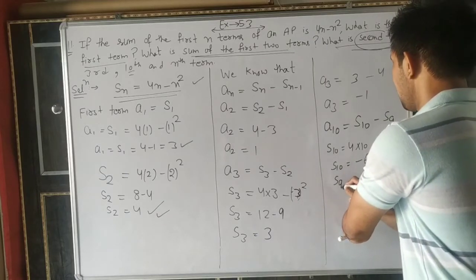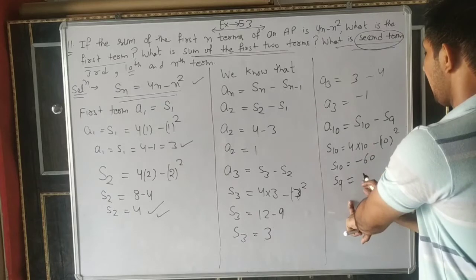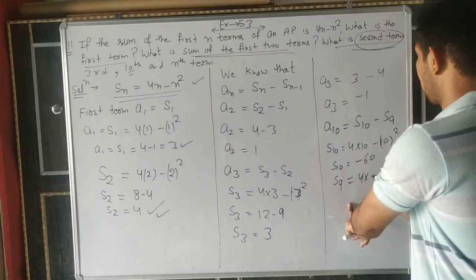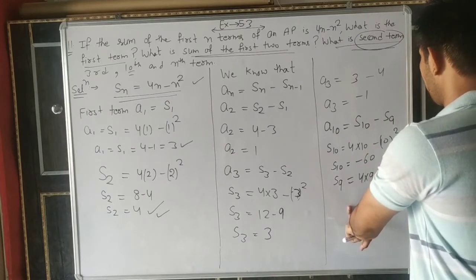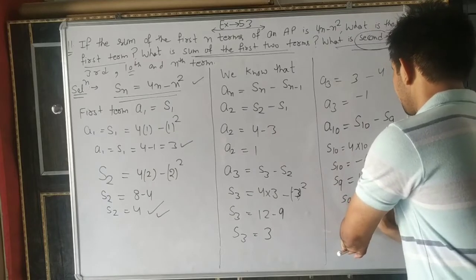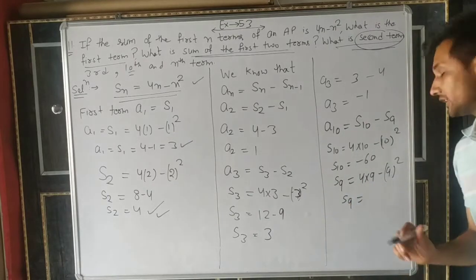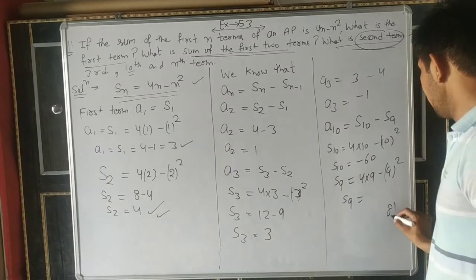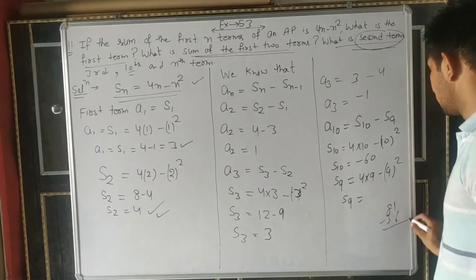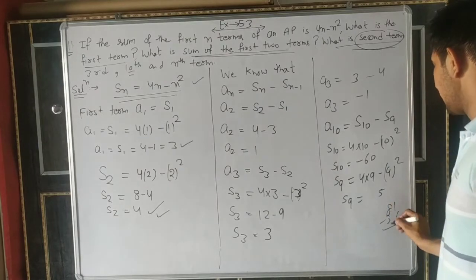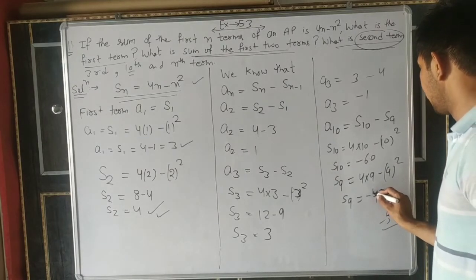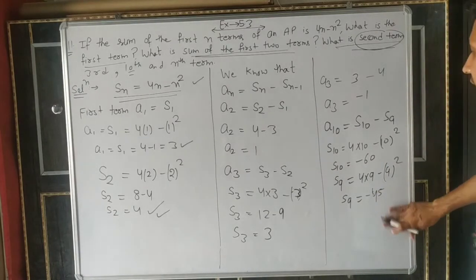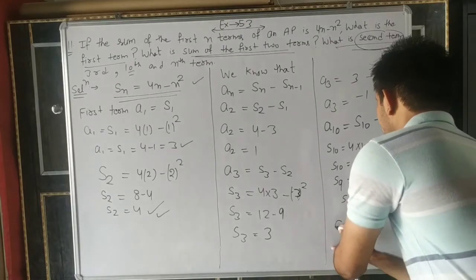Same way, S9: 4 into 9 minus 9 square. 4 into 9, 36. 36 minus 81. It will come minus, so minus 45.